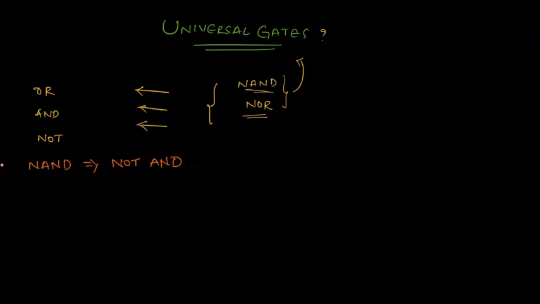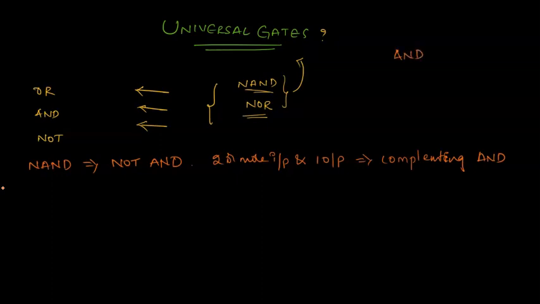implemented by complementing the AND gate, which means NAND gate is a two or more input logic gate with one output for which the truth table can be obtained by complementing AND gate. Okay, what is the logic for AND gate?